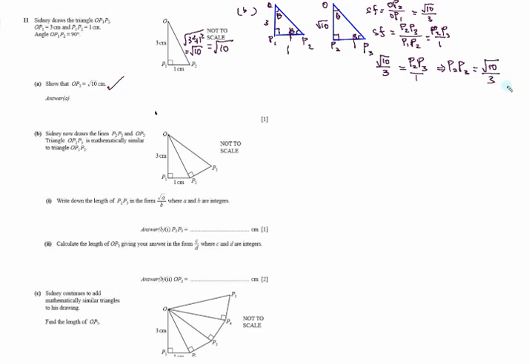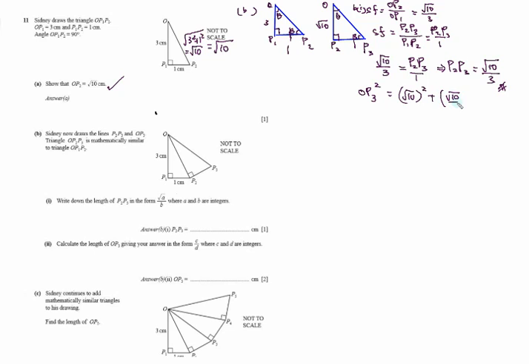So this is the answer for B1. Okay, now let's look at B2. B2 is basically covering this length OP3. So using Pythagoras, OP3 square is actually equal to OP2 square, with square root 10 squared, plus P2, P3 square, which is this.